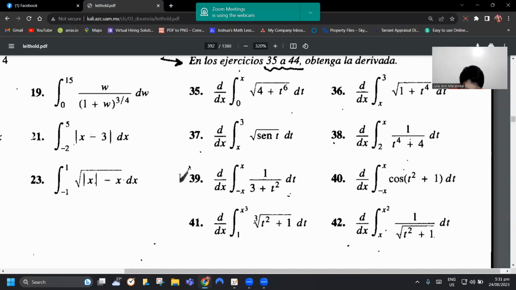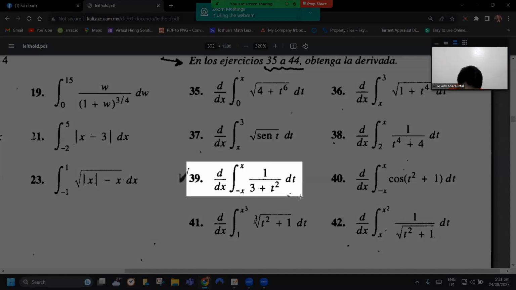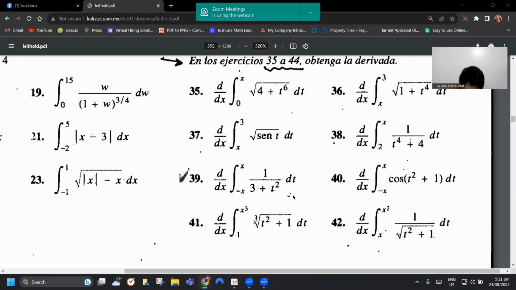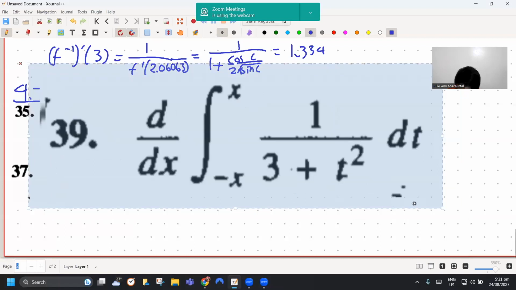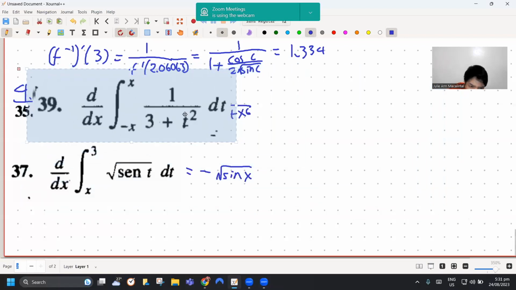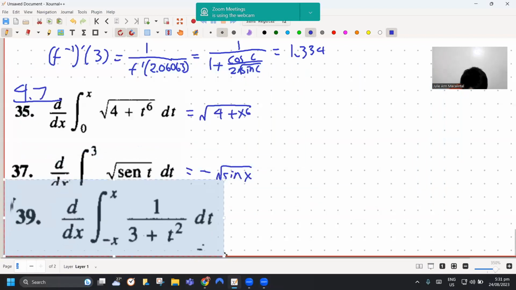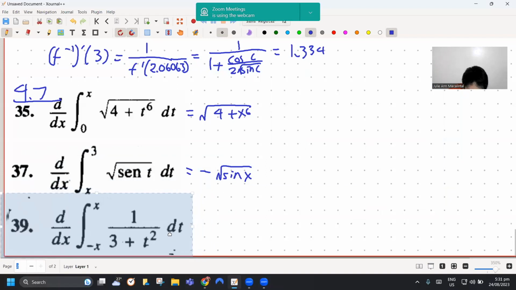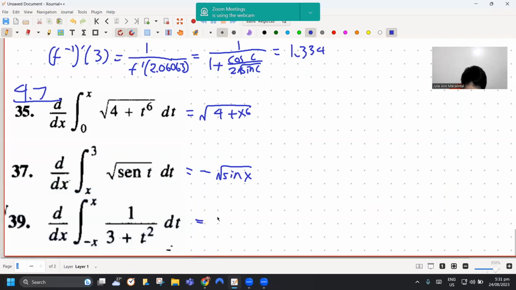So d dx ng 39, negative x to x, 40 nun. So here, 0 to x plus negative x to 0. Additive naman po yung derivative.